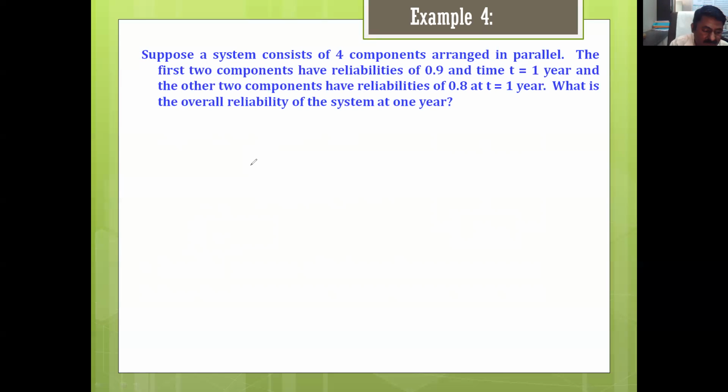Here I will say R1, R2, R3, R4. You can give any names, or you can draw the diagram, whatever the problem; the choice is yours how to proceed. Here we have 0.9 for two components and 0.8 for two components. So I will write here what is given.